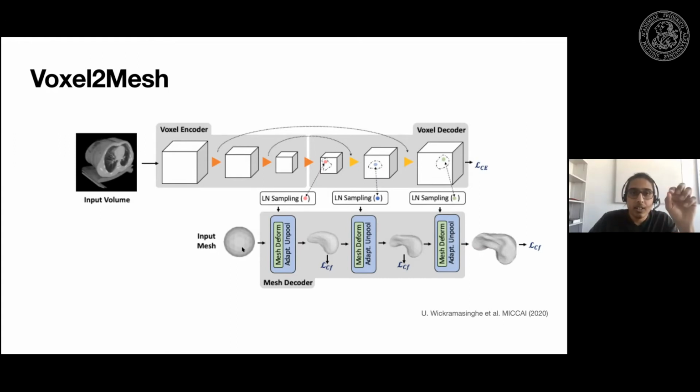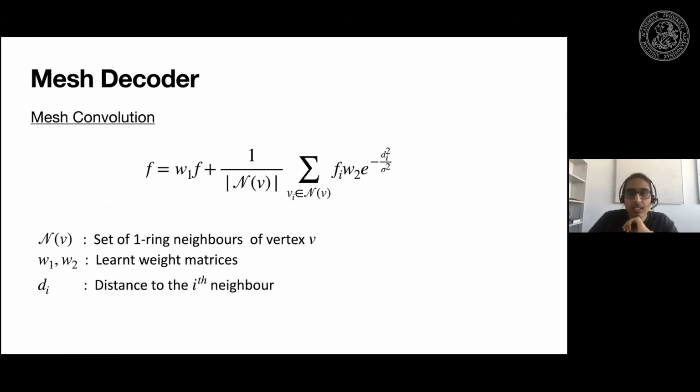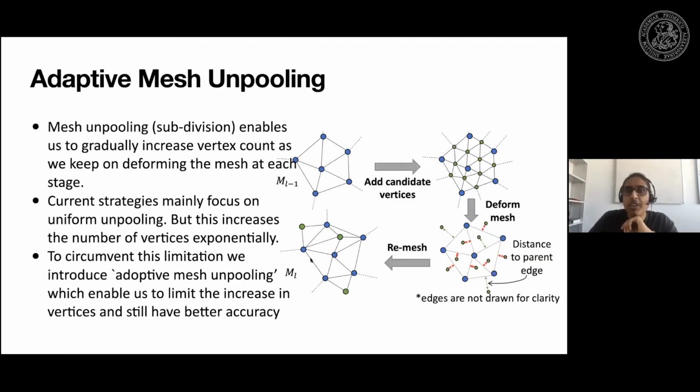Then we do the remeshing on this sphere mesh, and we transfer this face information from the sphere back to the liver. And we have new face information.